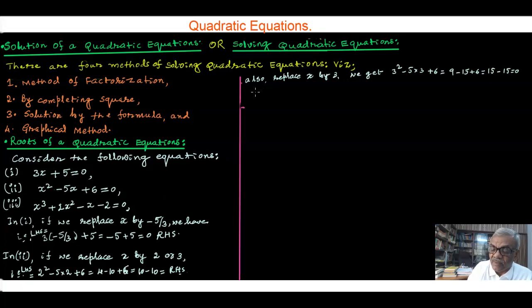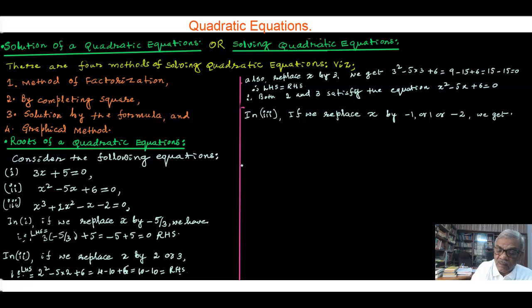Therefore LHS equal to RHS, left hand side equal to right hand side. Therefore both 2 and 3 satisfy the equation x square minus 5x plus 6 is equal to 0.